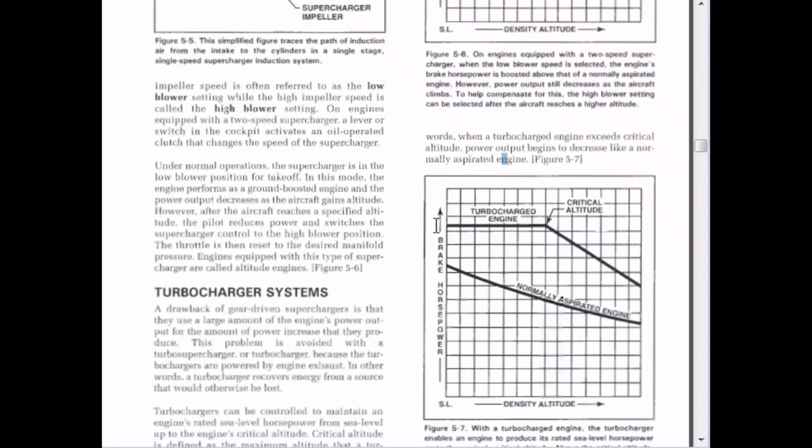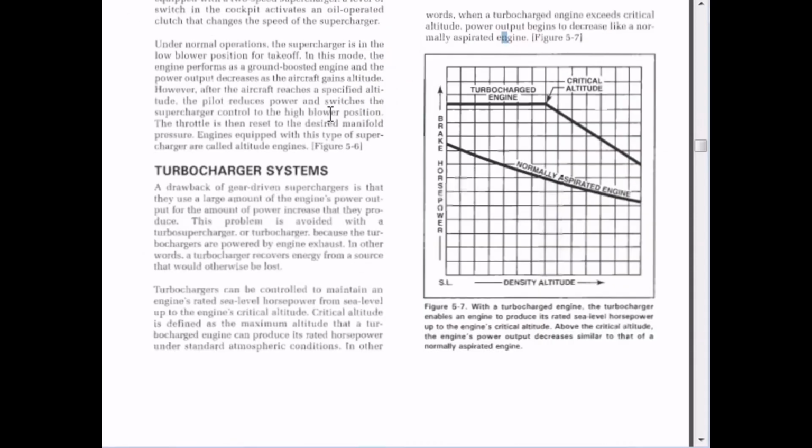Okay, so go back to turbocharger. As you can see here, it is maintaining the same amount of brake horsepower, meaning the induction pressure is at sea level pressure. So it can maintain this kind of pressure, this kind of power, until it reaches this critical altitude.